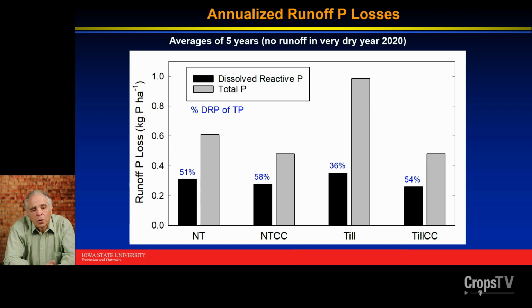And the proportion of the runoff is 51% with straight no-till, and 58% with no-till plus cover crop. So we were very happy with this result because it is in contrast with the result in Kansas. Now, Kansas is a different planet, different rainfall, different cover crops, different soils. But our study shows that with tillage, the cover crop is a very good thing. With no-till, yeah, it's good, but not that good.